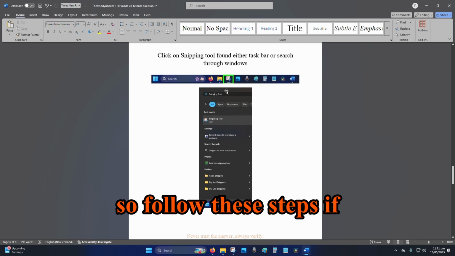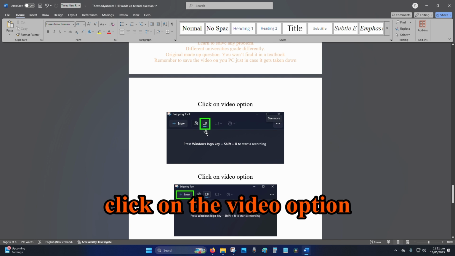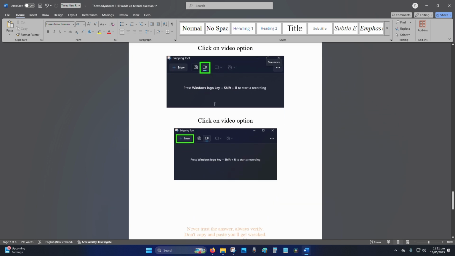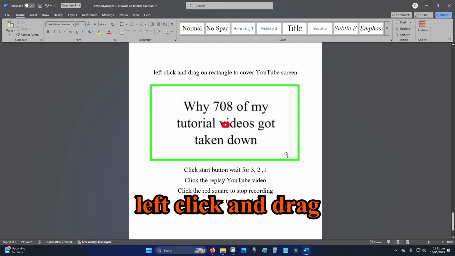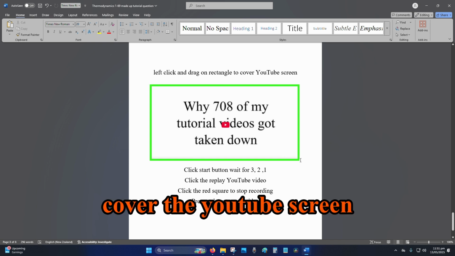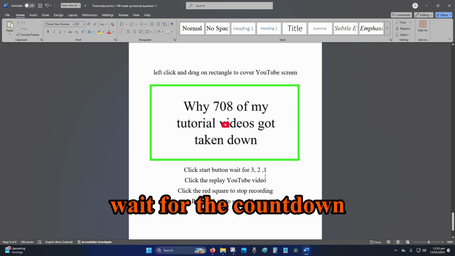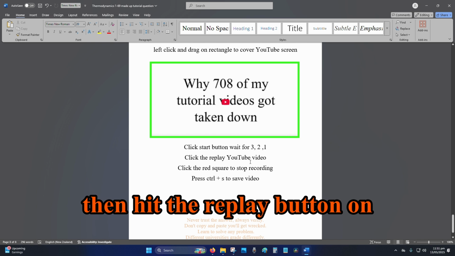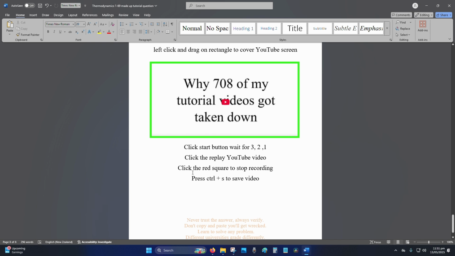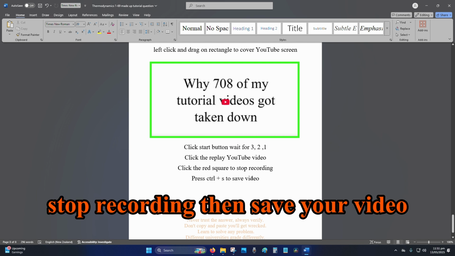Follow these steps if you've never used it before. Once you've got it open, click on the video option, then click on new. Left click and drag the rectangle, cover the YouTube screen. Hit the start button, wait for the countdown. Then hit the replay button on YouTube, let the video finish. Then once it's done, hit the red square to stop recording, then save your video.